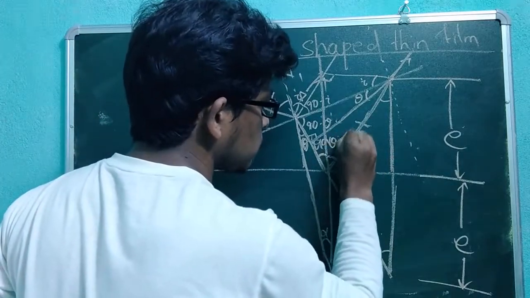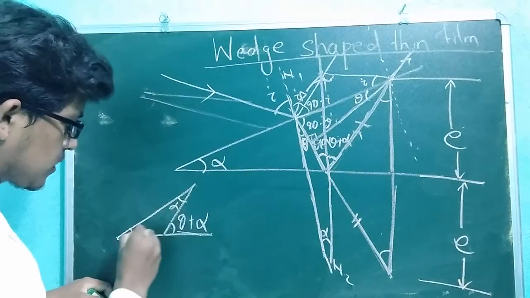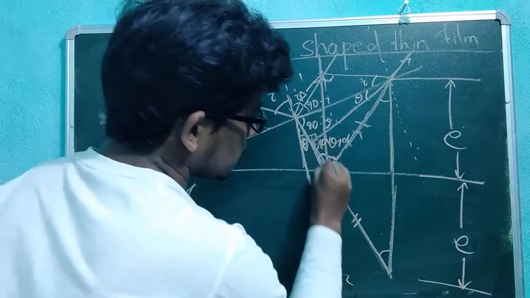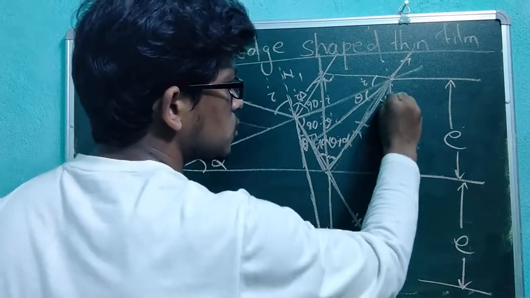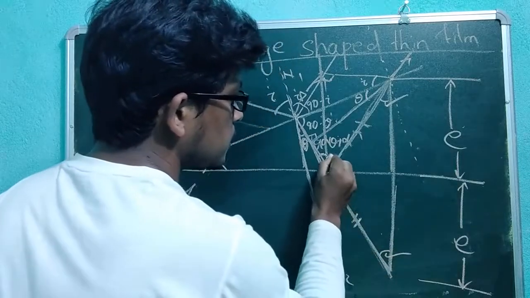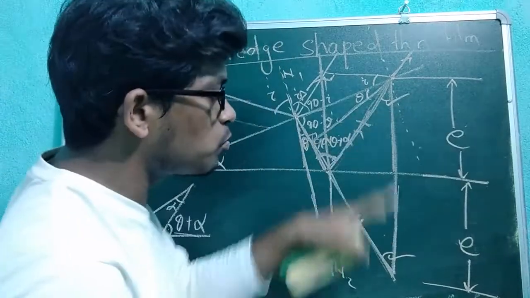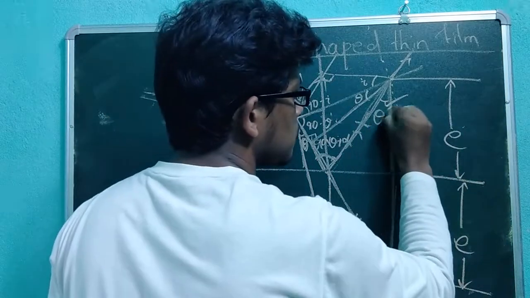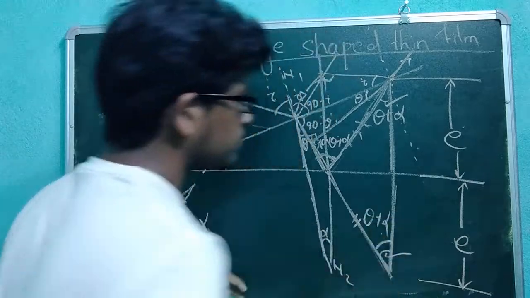This is also theta plus alpha. Like the same thing, this is the addition of this angle and this angle. Here also we can draw the same type of triangle, so the addition of these two angles will be the total one, that is 2 theta plus alpha, and we know these both will be the same. So this is theta plus alpha, and this is also theta plus alpha.